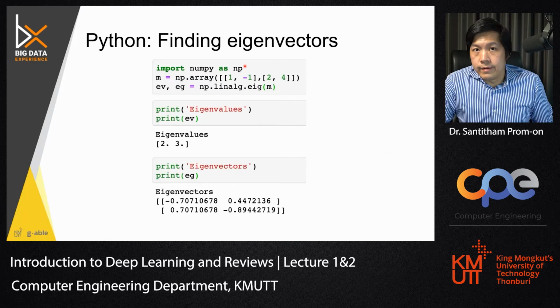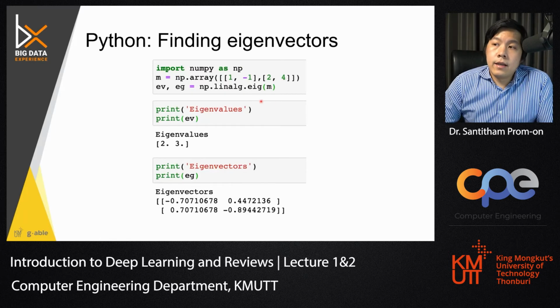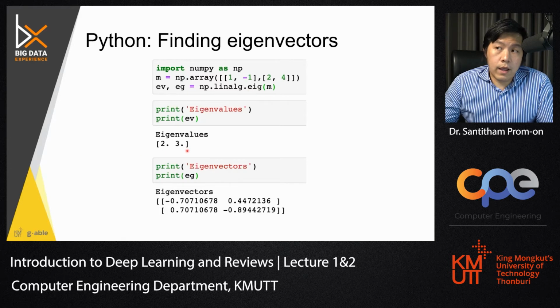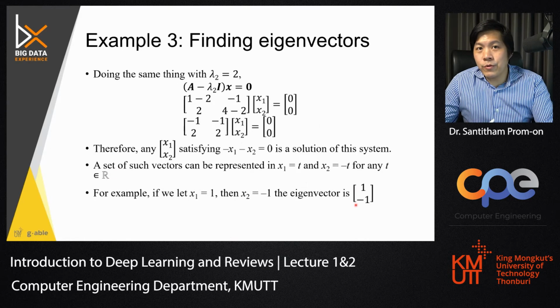You can use Python to solve the equation and find the answer, for the matrix 1, minus 1, 2, 4, using eigenvector decomposition. You get eigenvalues of 2 and 3, and the eigenvectors of this. Now here is my question.